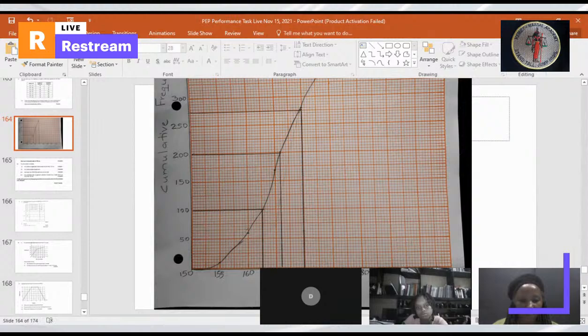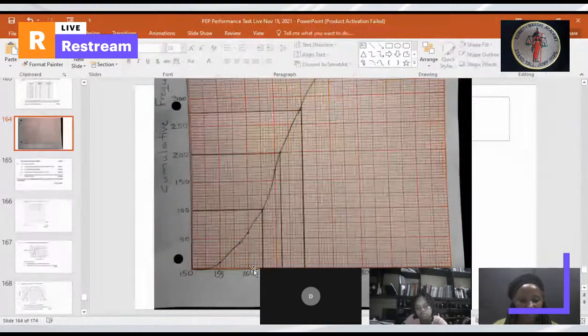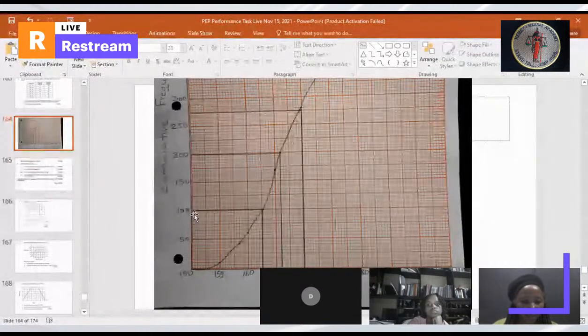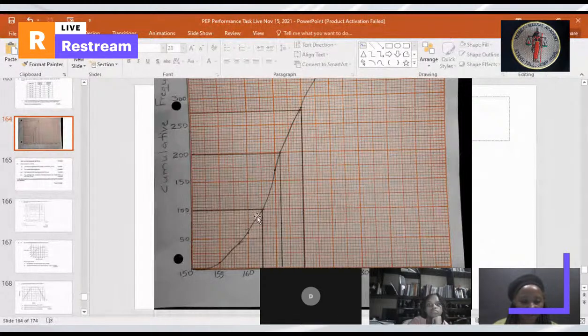All right, so 162, that's 1, 2 here. So that would go up to here, and I will go across. Each 2 boxes represents 10, so halfway would be 5. So from the 162 up and across, that's 95.